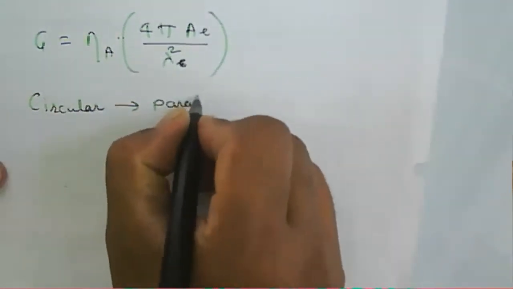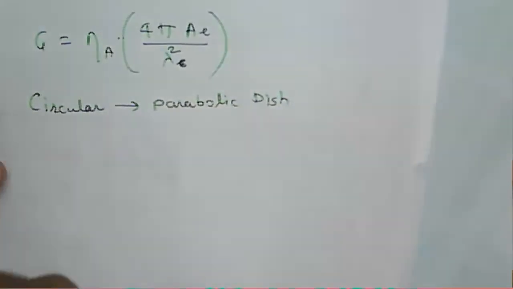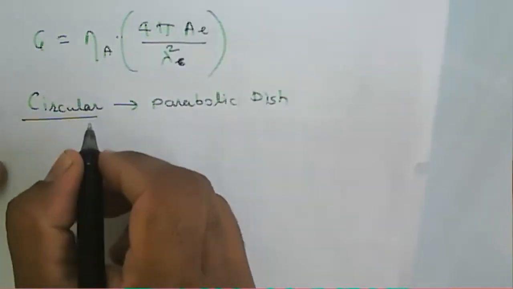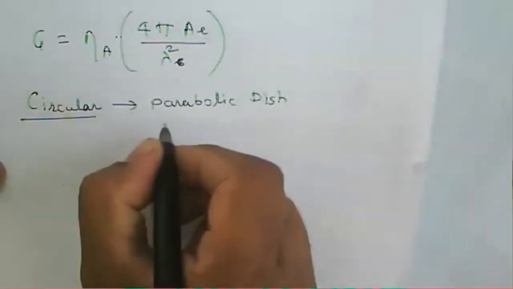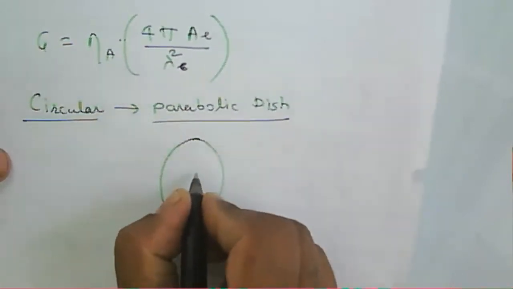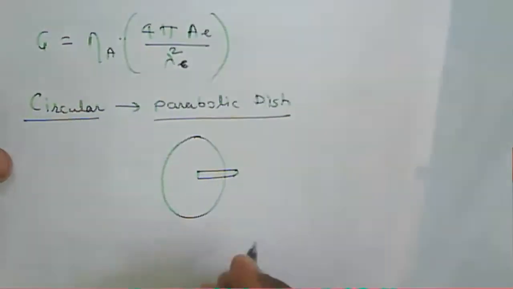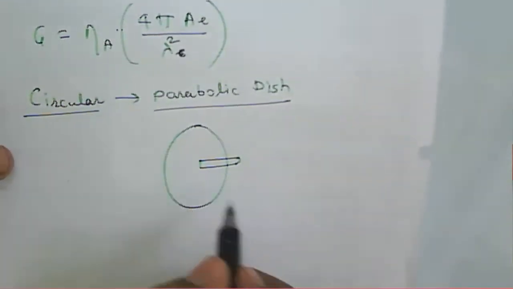We can say it is a parabolic dish. If we are using that particular circular aperture, or a parabolic dish, that is your circular aperture area of an antenna here.